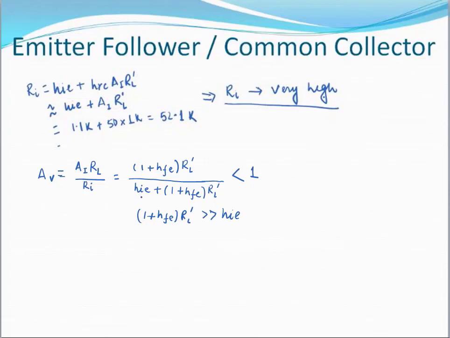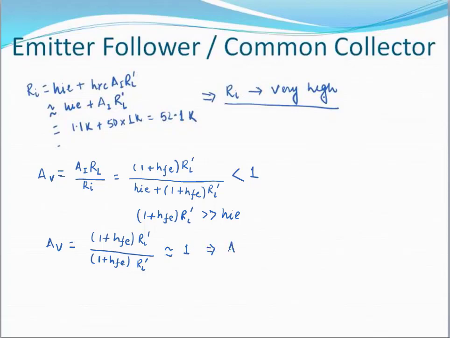So we will neglect this term. Then what we will get here is 1 plus HFE RL dash, and the same thing we will get in the denominator also, 1 plus HFE RL dash, and this term will be cancelled out and it will come around 1.